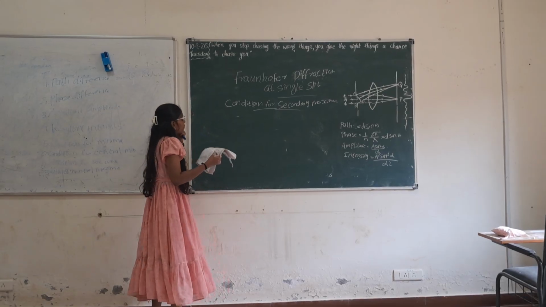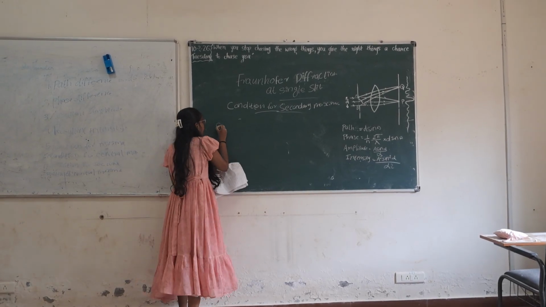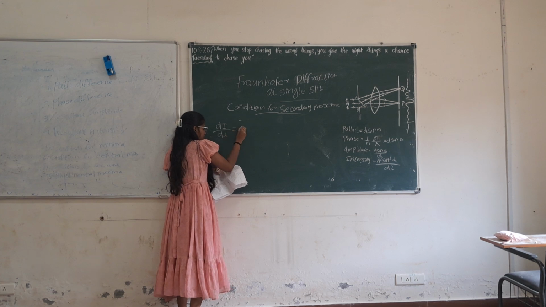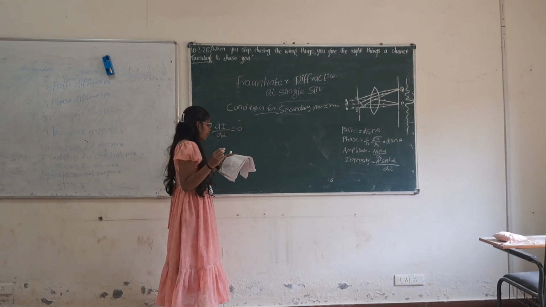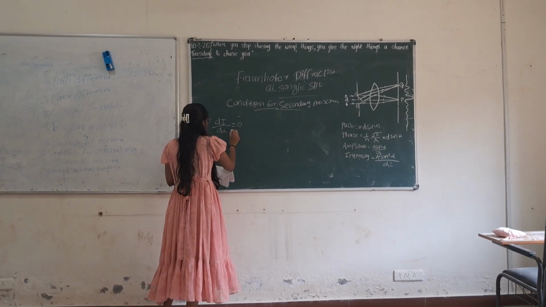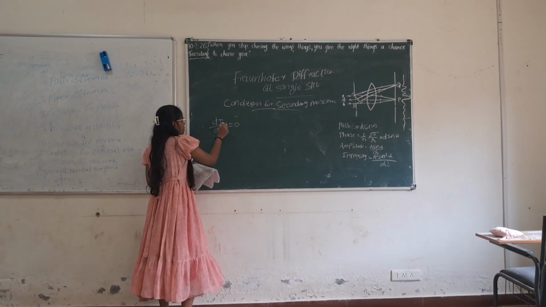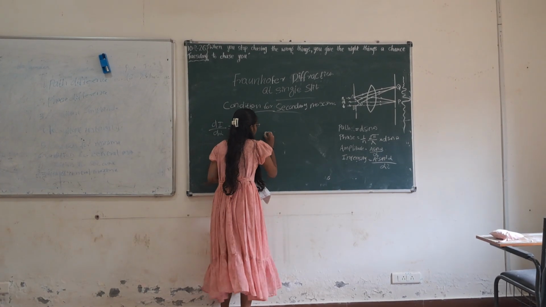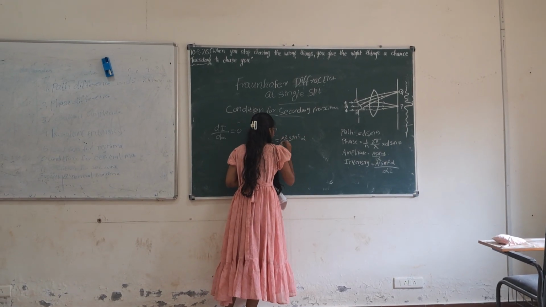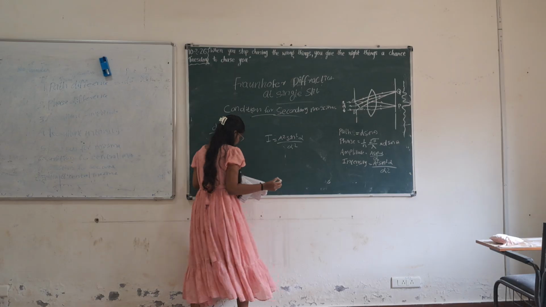So here we are using the concept of dI by d alpha is equal to 0, because at the maximum point the derivative of the intensity with respect to alpha is equal to 0. Substitute I is equal to A square sin square alpha by alpha square.